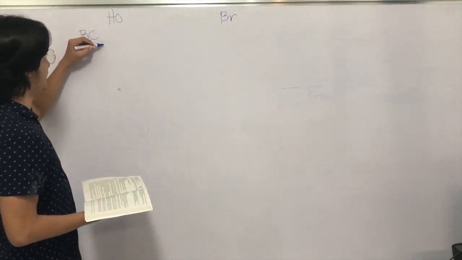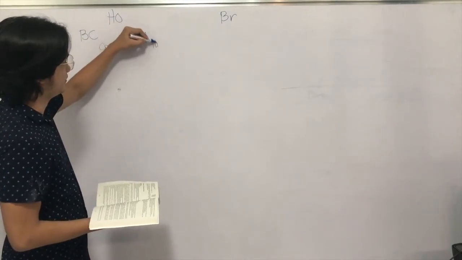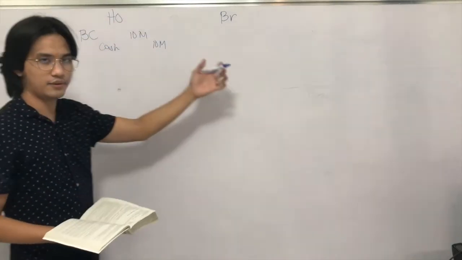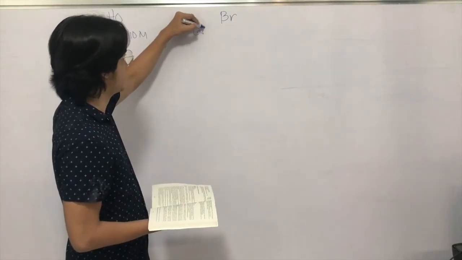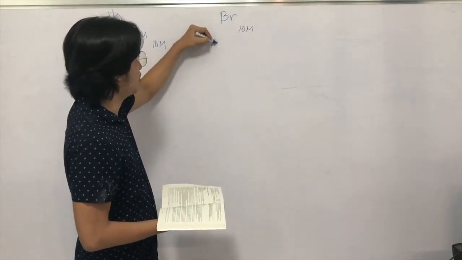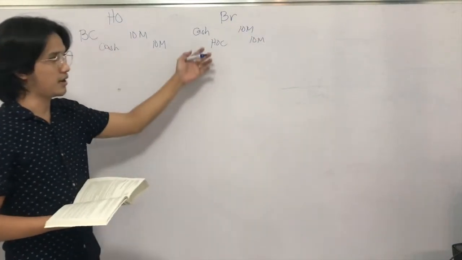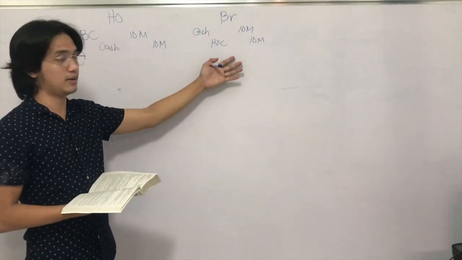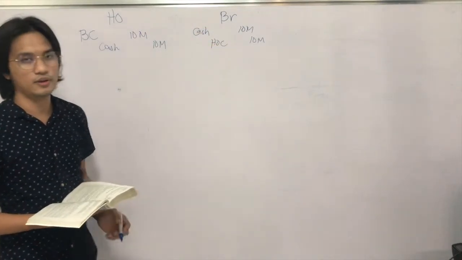Branch current and credit cash amounting to 10 million. On the other hand, for the branch, we'll debit cash 10 million and credit home office current 10 million. So being a capital account, you debit cash and then you credit the capital account, which is in our case home office current.